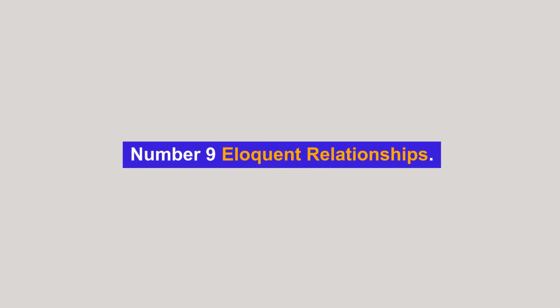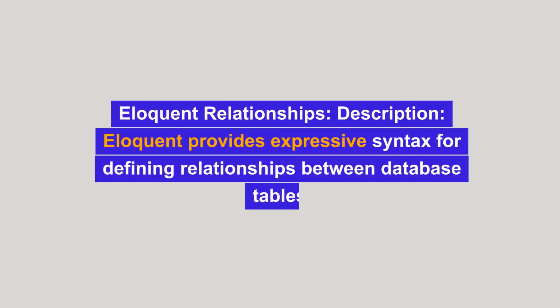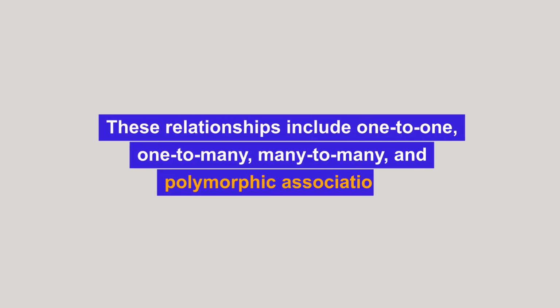Number 9. Eloquent relationships. Description: Eloquent provides expressive syntax for defining relationships between database tables. These relationships include one-to-one, one-to-many, many-to-many, and polymorphic associations.